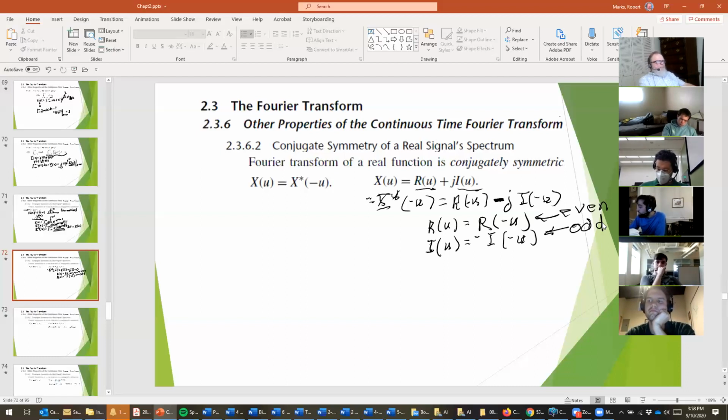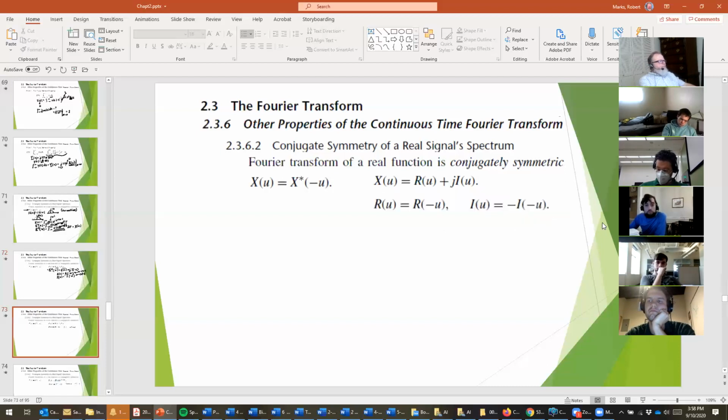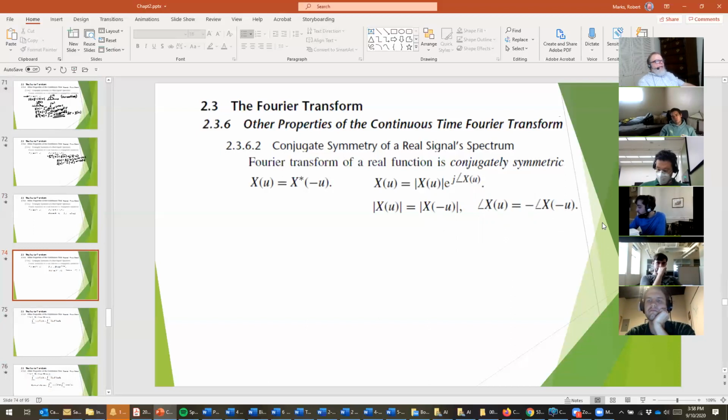We could do something similar with the magnitude and phase. Any complex function can be written as its magnitude times e to the j raised to its phase. And we'll use this angle notation here to correspond to the angle of x of u.